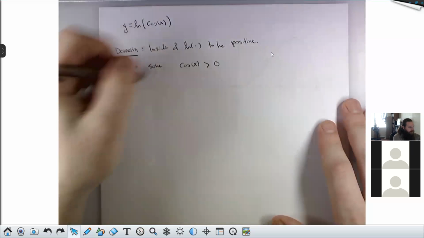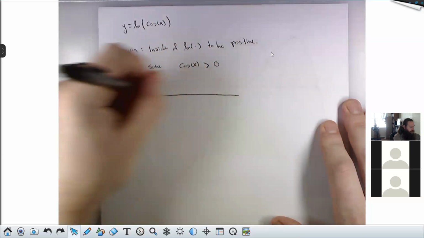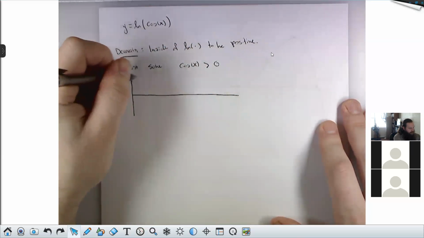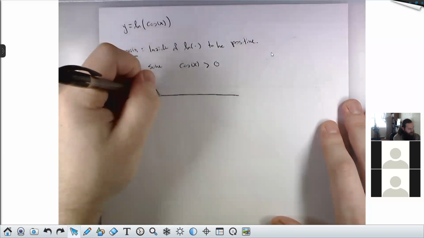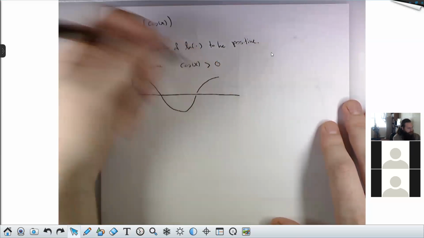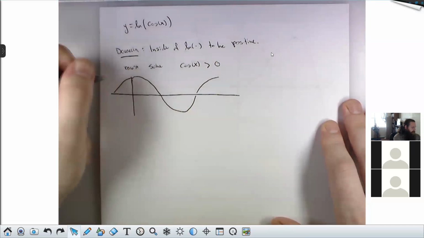And the easiest way to do that is thinking about the graph of the cosine function. So cosine looks like this. And it kind of continues like this forever and ever, amen.